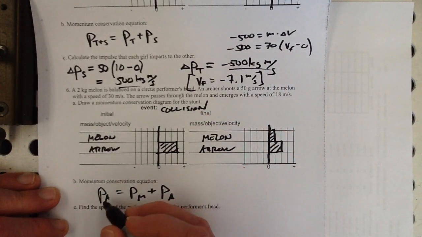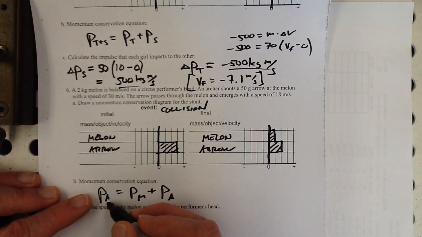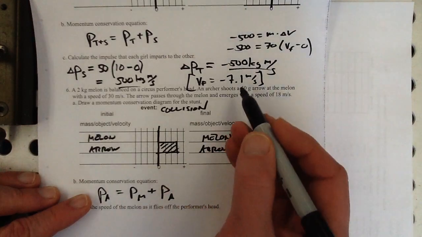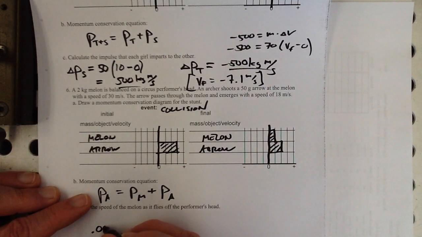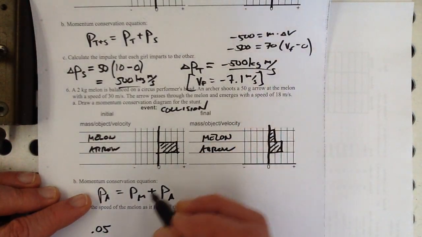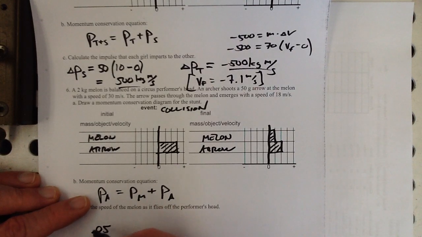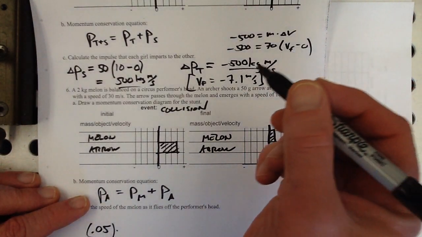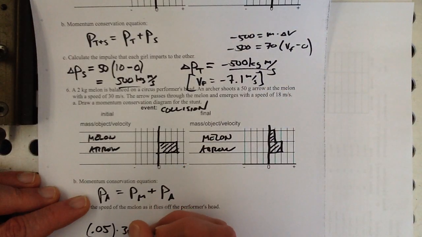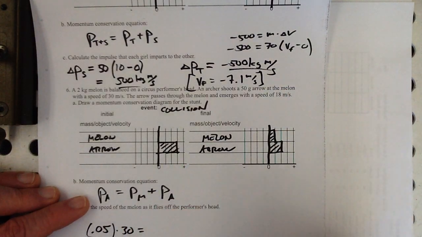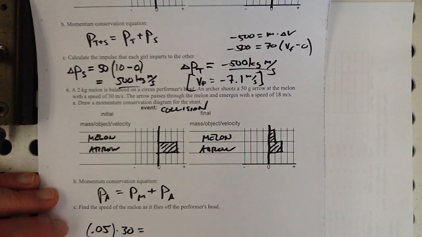So here, the momentum of the arrow is the mass of the arrow, 0.05. Grams are not the right units, kilograms are. So 0.05 times 30. Right, that's how fast the arrow is going at the start.